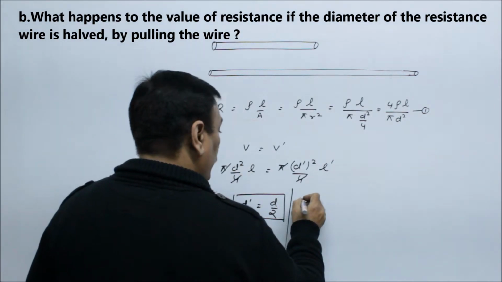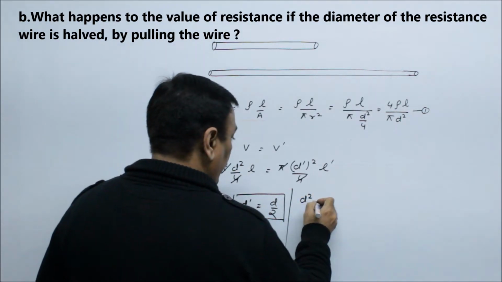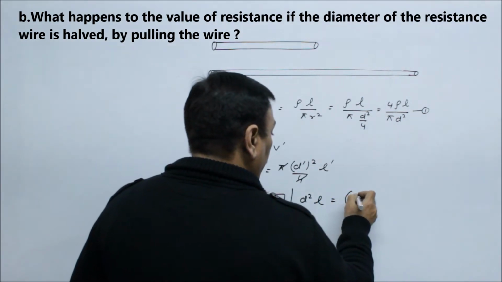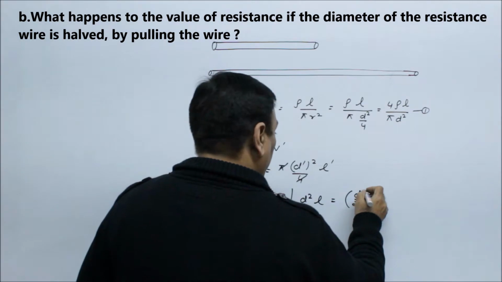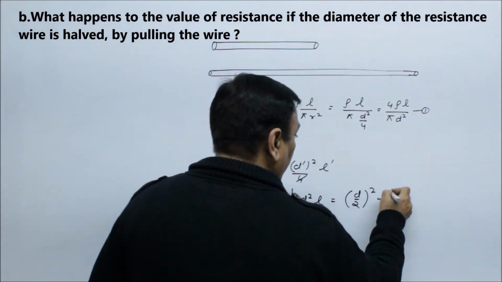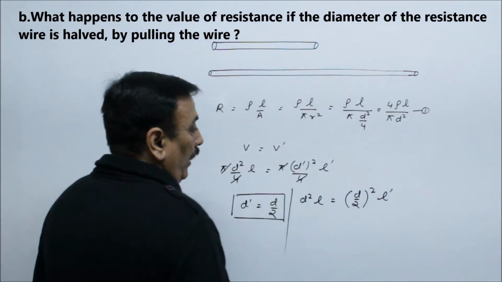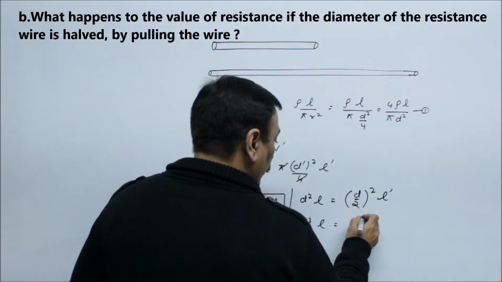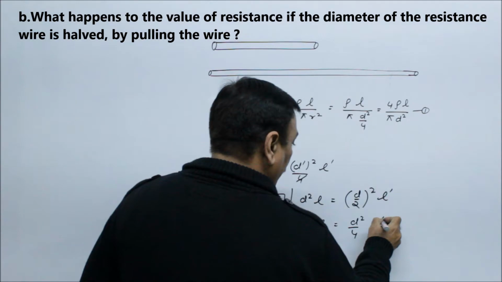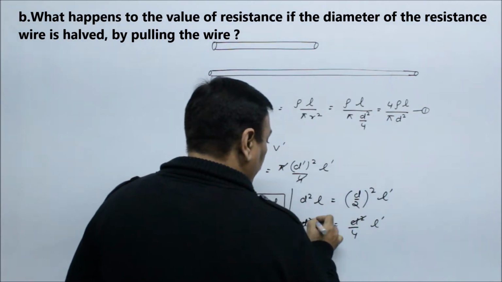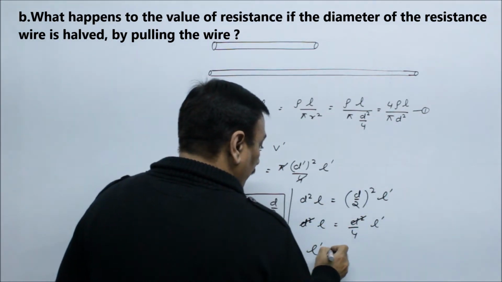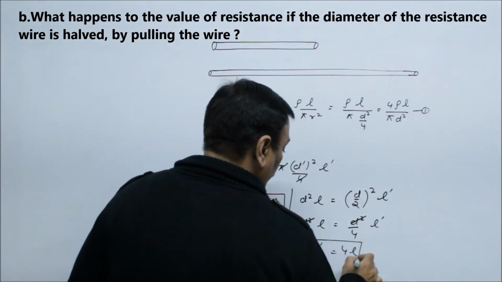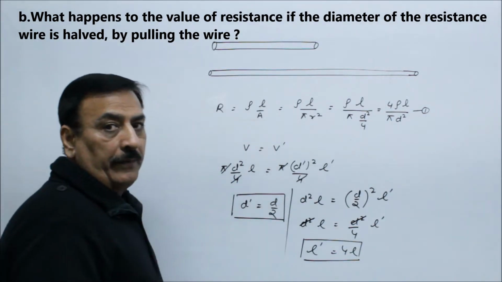We can write d square into L equals d upon 2 whole square into L dash. So d square L is equal to d square upon 4 L dash. Cancel d square with d square, and you get L dash is equal to 4 times L. So this is another piece of information that we need.